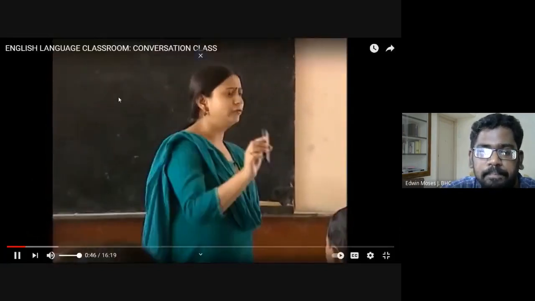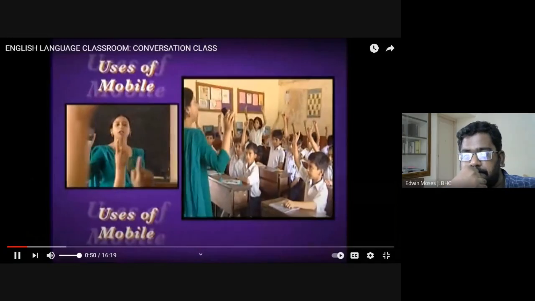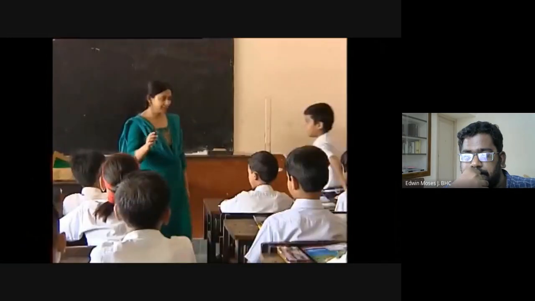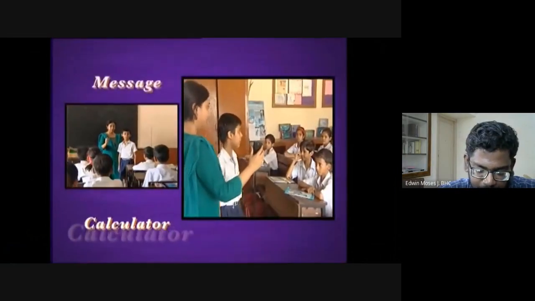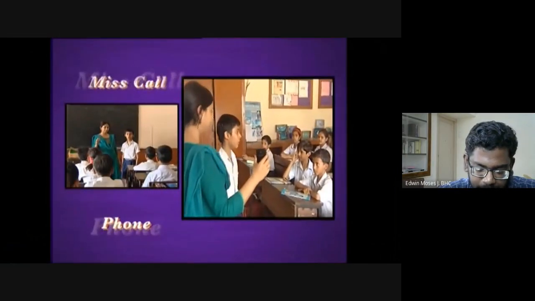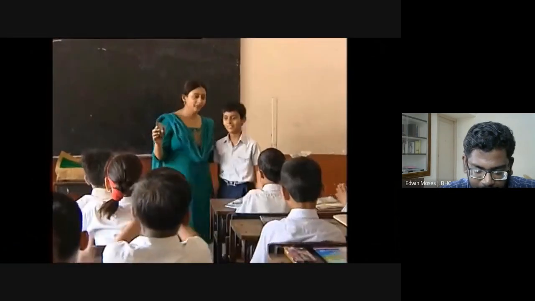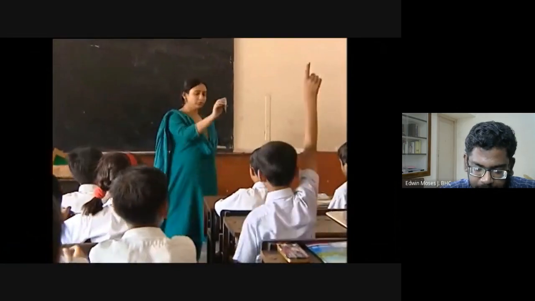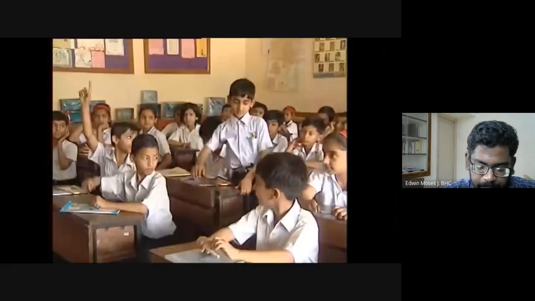Can anybody of you tell me the uses of mobile? Very good. So all of you are well aware of the uses of mobile. Yes, please? Mobile use calculator, message, phone, missed call. Okay, very good. Clap for him. You please go back. Sit. Anybody else who can tell me the uses of mobile? Yes, please start.